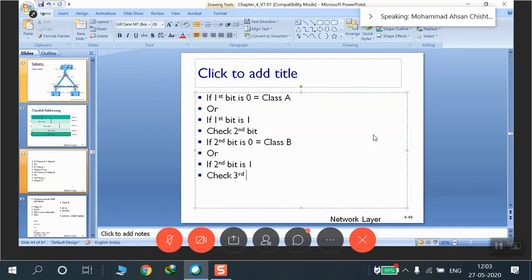In the third bit, if the third bit is 0, it is class C. Or if the third bit is 1, check the fourth bit.